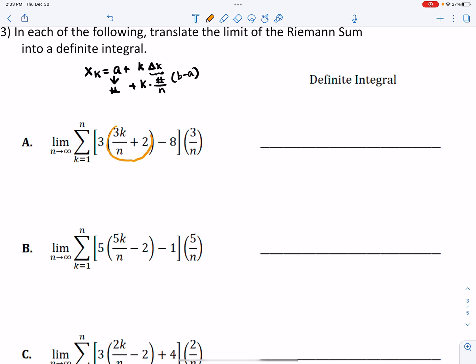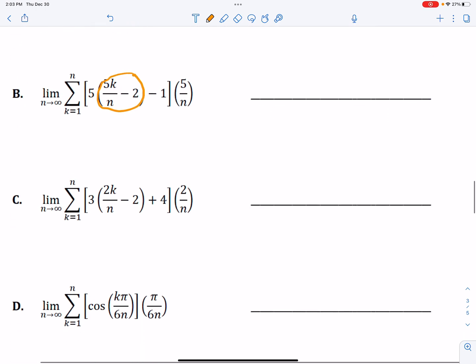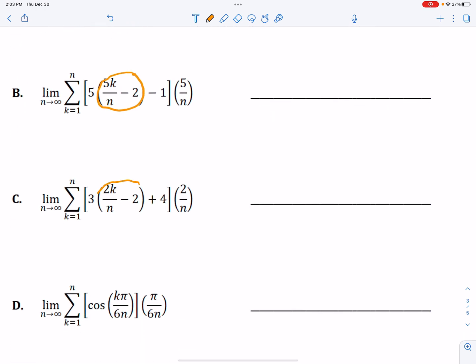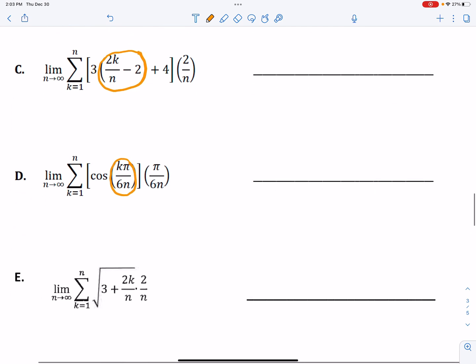If we look at this one, this part has an a plus k times something over n. This part has an a plus k times something over n, and so forth. This would be our x sub k, and this part would be our x sub k. Is there an E? Yeah. And this part would be our x sub k.